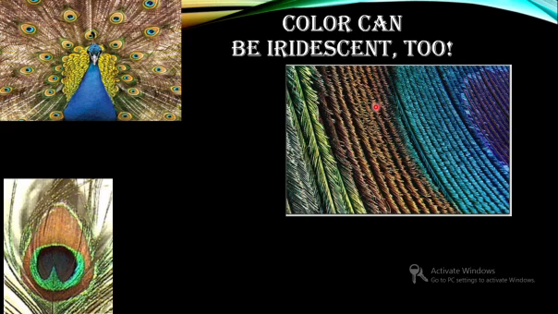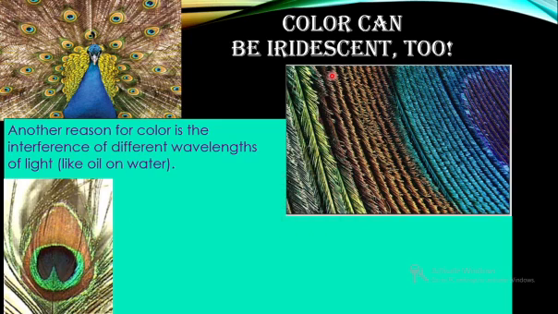Yes, if you look at the feather at different angles, you seem to have different color variations, and that kind of color variation depending upon the angle at which we look is called iridescence. So what are these iridescence due to? Again, our answer is very simple.